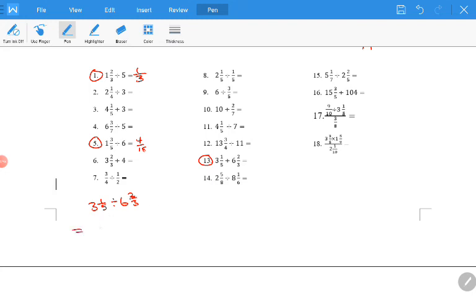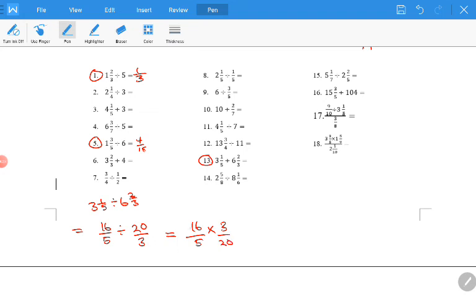This is equals to 16/5 divided by 20/3, which is equal to 16/5 times 3/20.